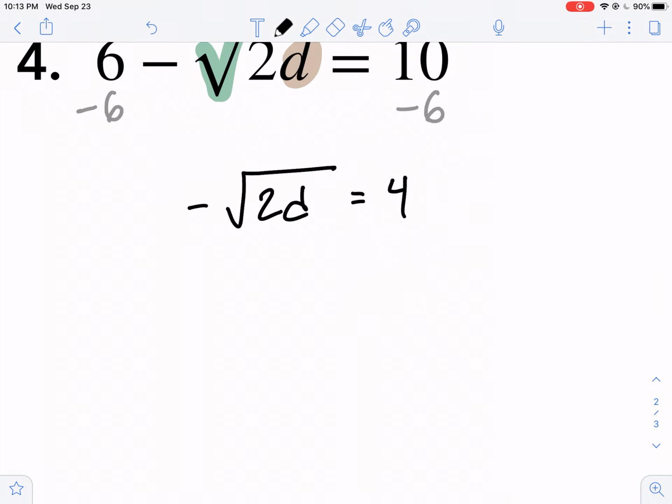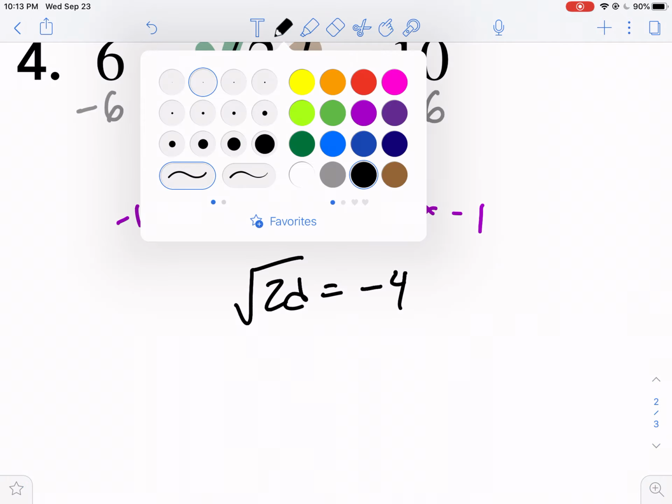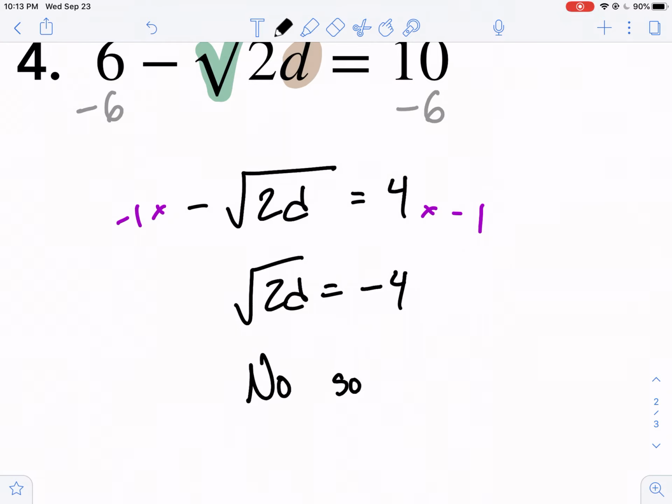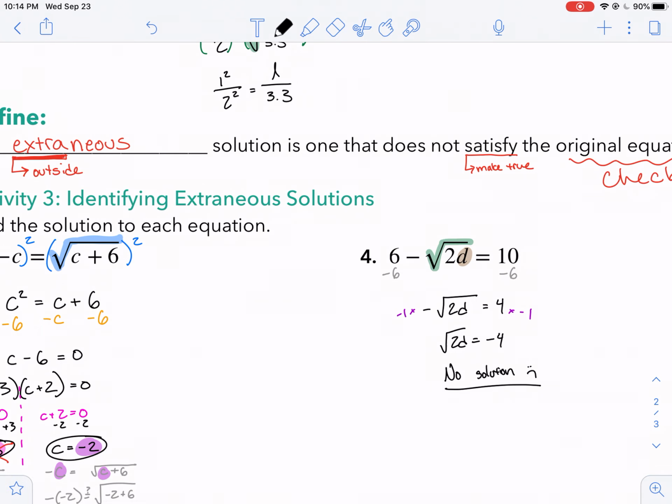And now we need to get rid of the negative, so we're going to multiply by negative 1 on both sides. That will cancel out the negative on the left, giving us the square root of 2D equals negative 4. But guys, I have some bad news. Square roots can't be negative. This has no solution. We can just stop right there. We don't even need to check.